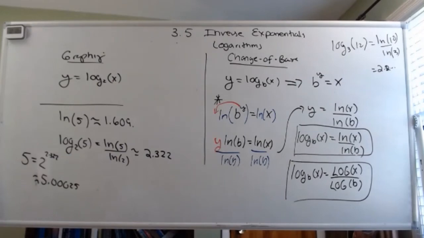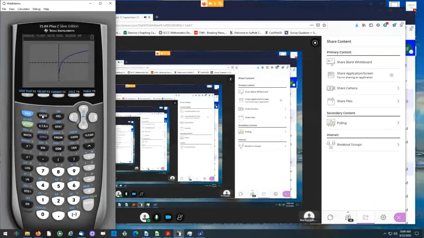But let me just show you where you can actually do that separately. I don't do it too often, that's why I may have to search for it for a second. But over here, I think it's under the math key over here, and I think it's under number, if I'm not mistaken. Maybe not.